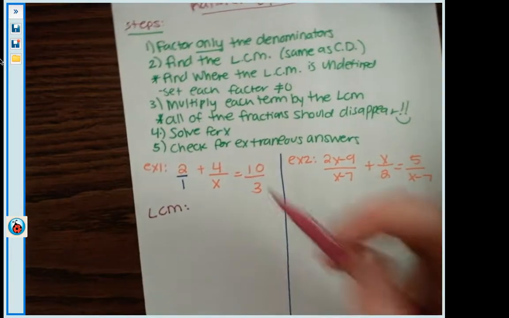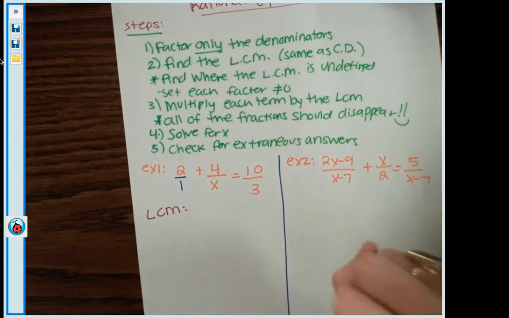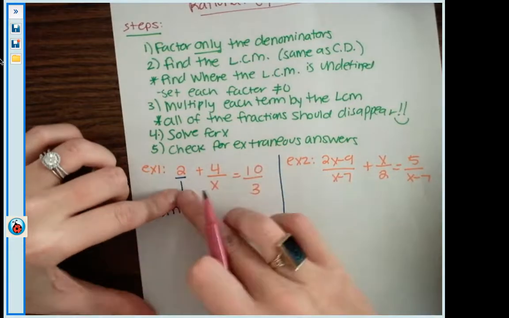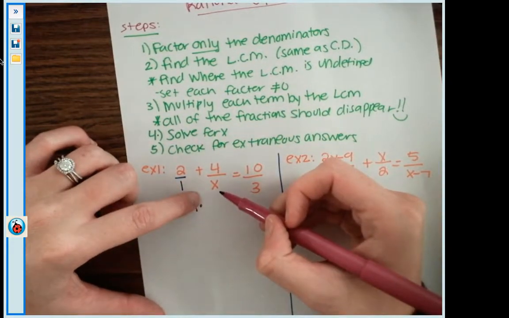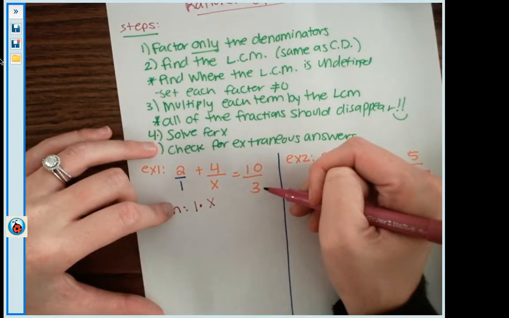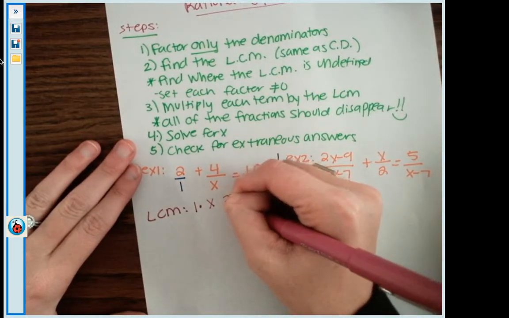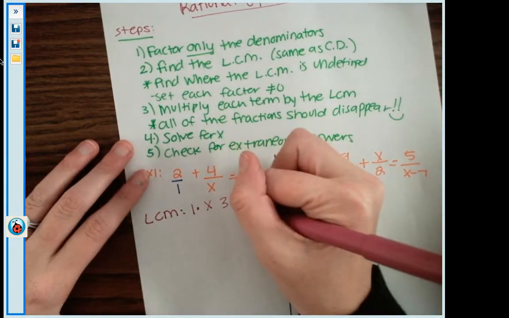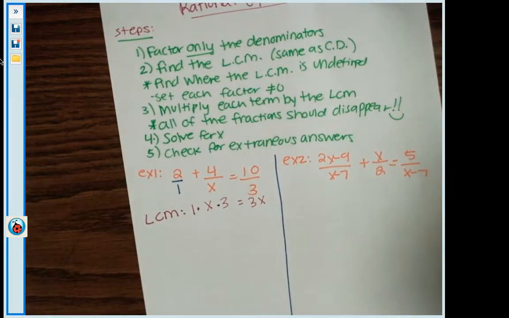Remember, I want to grab one of every different kind of thing that I see in the denominator to form my LCM. I have a 1, and I don't see any other 1s, so I include it. I have an X, but no other X's, so I just write X. And I have a 3, but no other 3s, so I just write a 3. So my LCM is going to equal 3X.